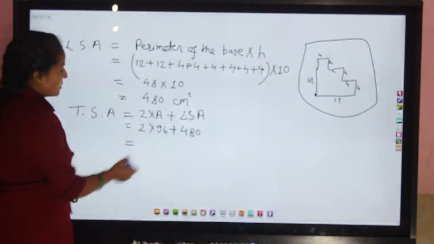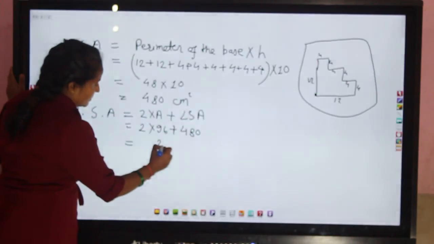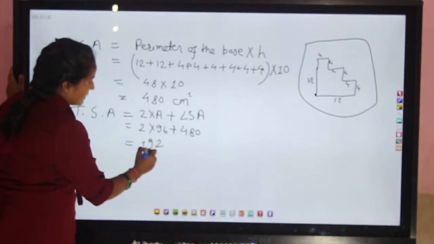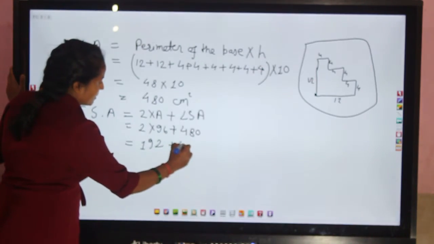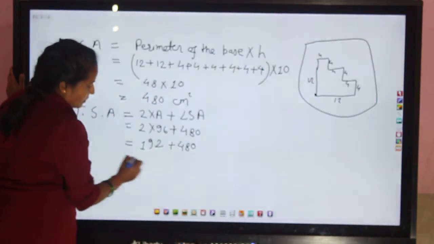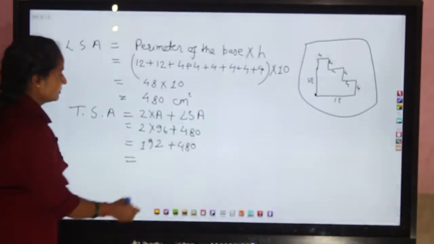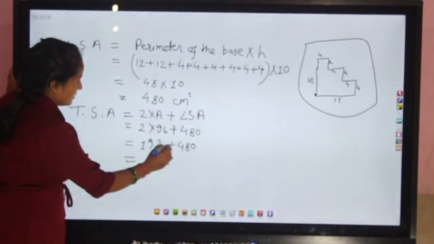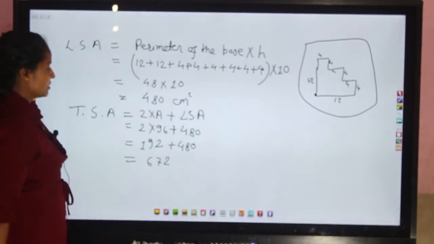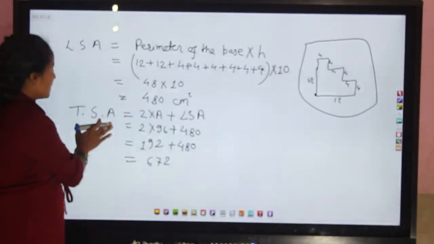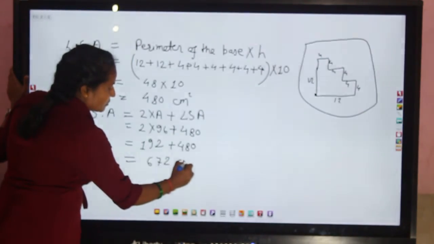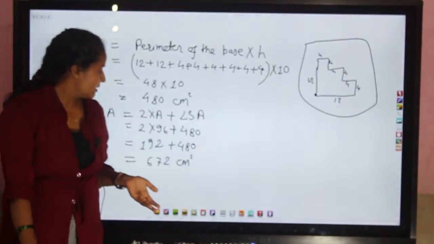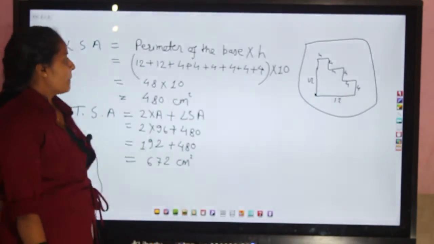I multiply here, 192 plus 480. While adding, it gives 672. It is the area. Write down the unit, centimeter square. We have found here the total surface area of the prism.